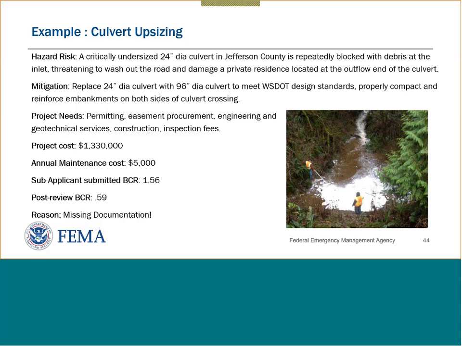Some of the information that they needed was on permitting, easements, engineering and technical service and so forth. The project cost was $1.3 million. Annual maintenance cost was $5,000. The submitted benefit cost analysis, the benefit cost ratio, was 1.56.